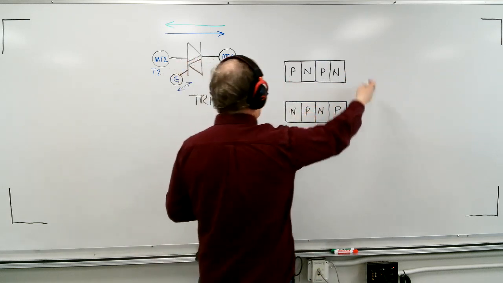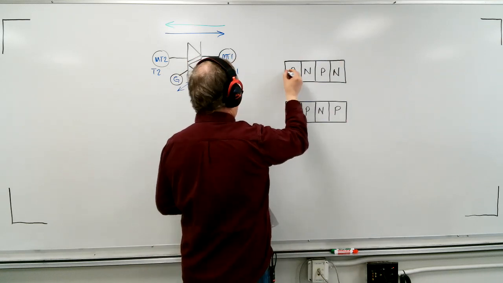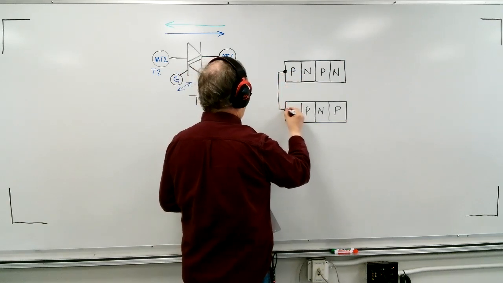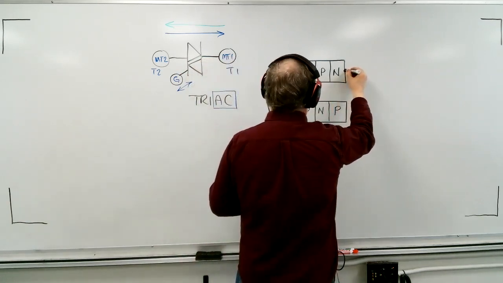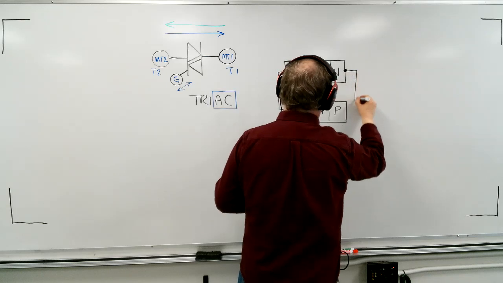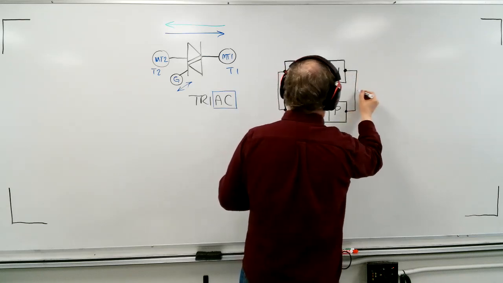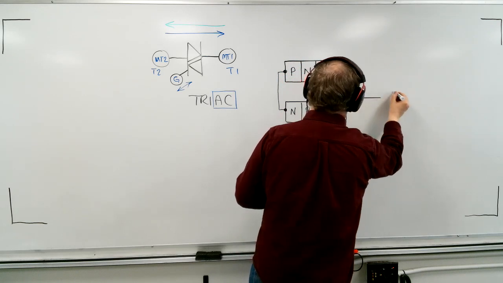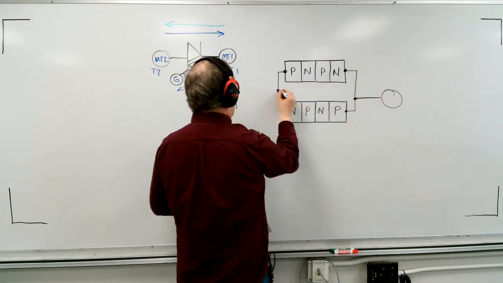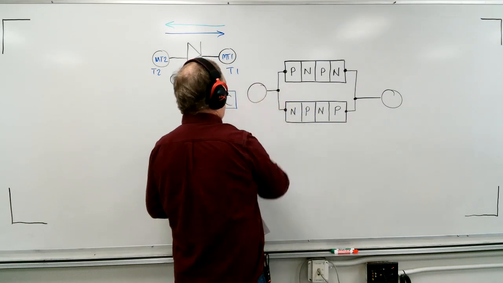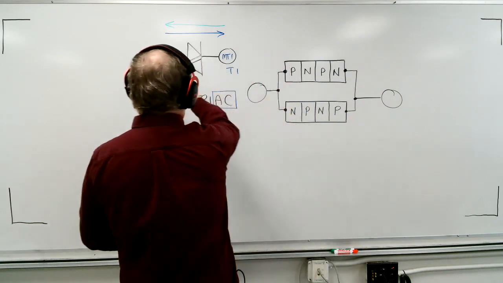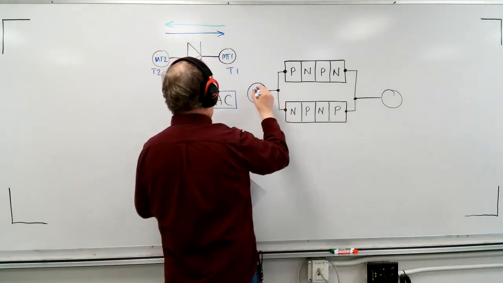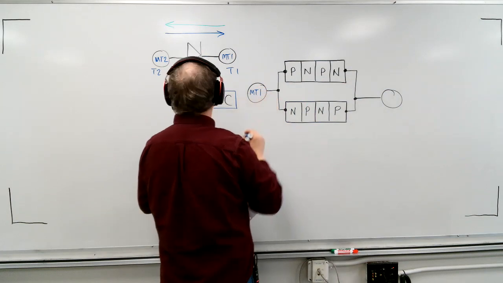Now imagine that internally inside of this component, you were to take and connect these 2 points. And then you were to take and connect these 2 points. And I'm going to tie a lead over here. And I'm going to tie a lead here. Okay. Now, in order to match this symbol, I'm going to call this MT1.